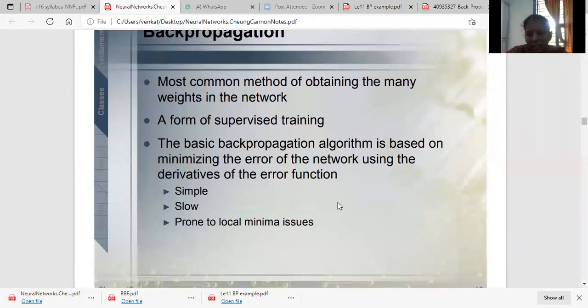This backpropagation algorithm is based on minimizing the error of the network using the derivative of the error function, which is very simple but slow, and there may also be issues relating to local minima. While going through a number of iterations, there is a possibility of missing the local minimum value.